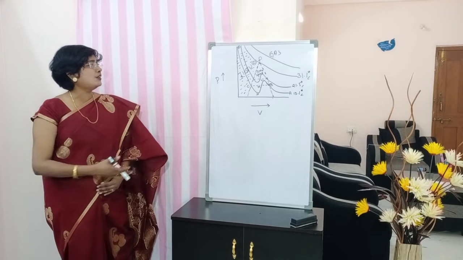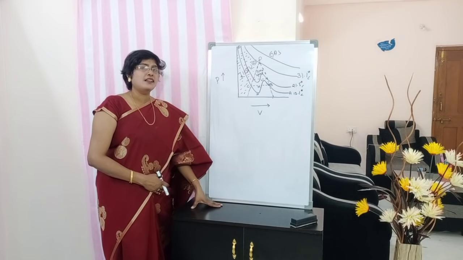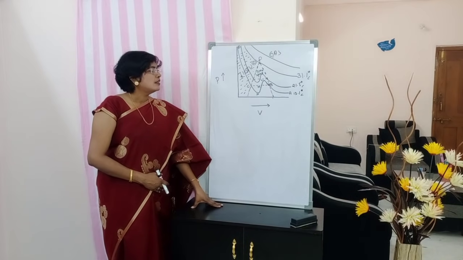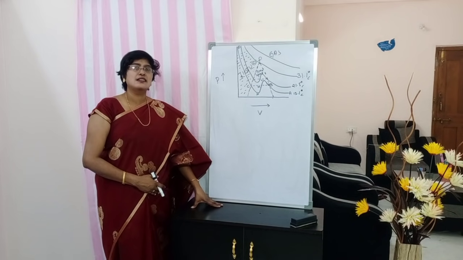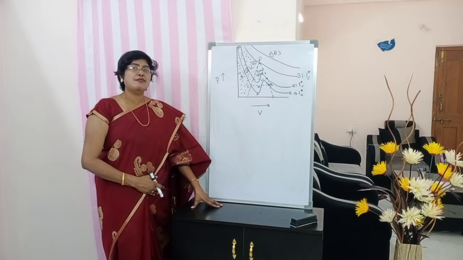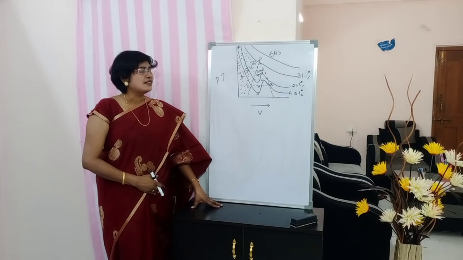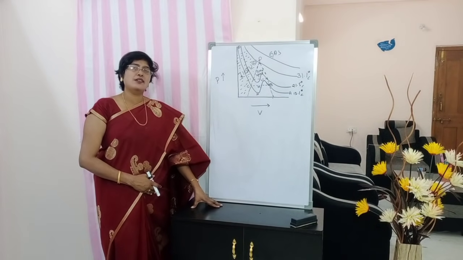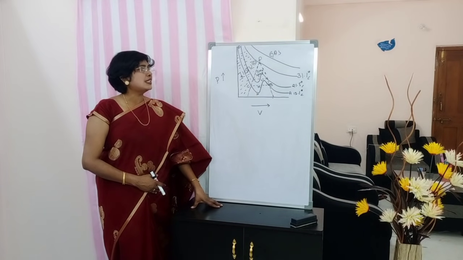So below you can draw this graph, students. Take a pencil, scale. On x-axis volume is taken, y-axis pressure is taken. Carefully draw the isotherms, students. The same temperatures that Andrew has taken, 13.1, 21.5, 31.1.